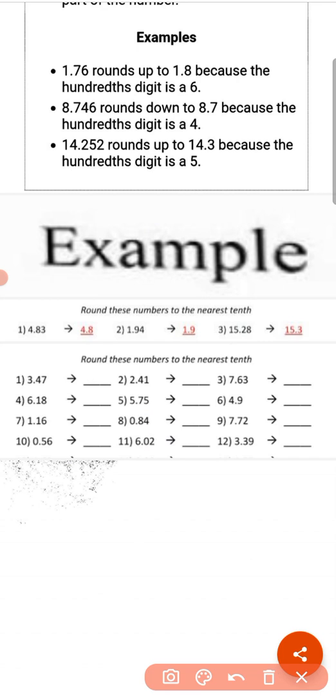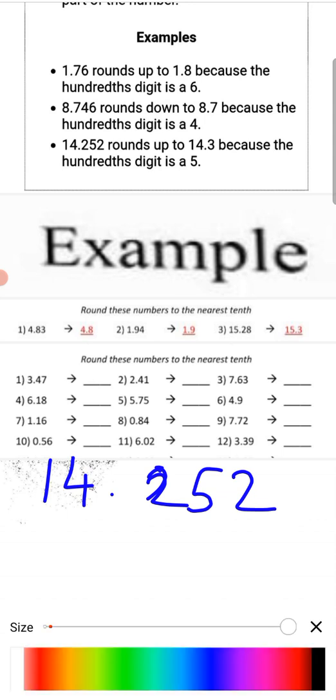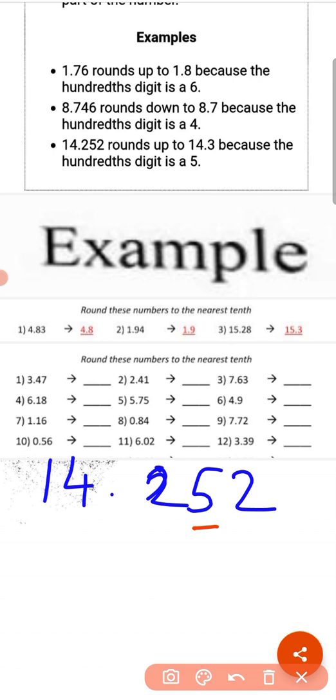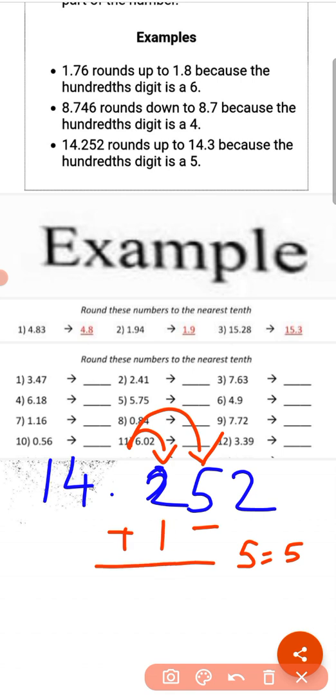Next is 14.252. Here children, the digit at the 100th place is 5. This is 10th and this is 100th. That is equal to 5. Then you should add 1 to the digit at the 10th place. 2 plus 1 is 3.